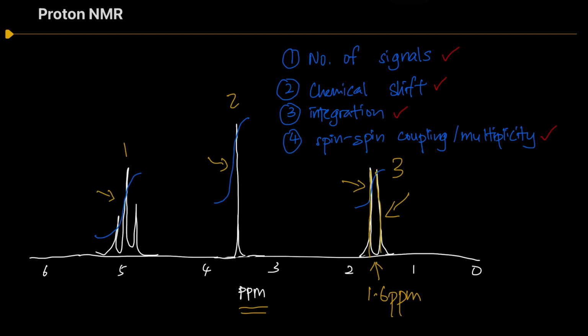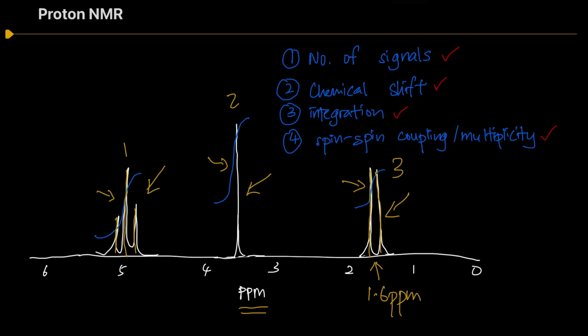How about this signal? This signal is only one single fine line, and this signal is split into three fine lines. So this is the multiplicity. We'll discuss this further later.